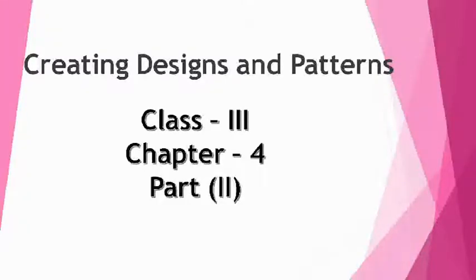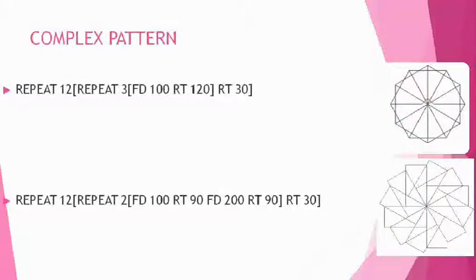Creating design and patterns, chapter 4, part 2. In our last chapter, we have seen how we can create patterns. In this chapter also, we will learn how to create more complex patterns.